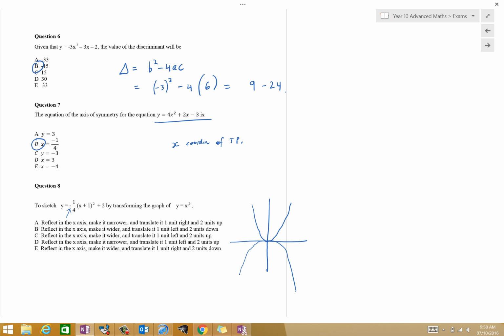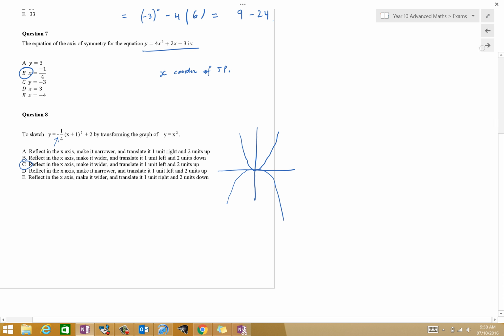If this value was 4 and not 1/4, it would make it narrower, wouldn't it? And then of course we move it to the left 1 and up 2. So the only one which does that, making it wider, reflecting in the x-axis, translating 1 unit to the left and 2 units up, is the answer C. I think it is C. It is. That is amazing.